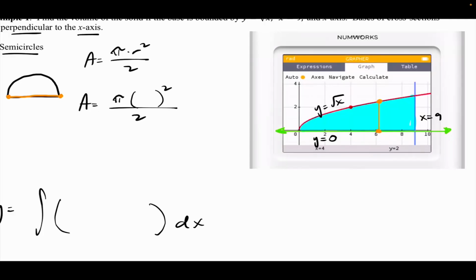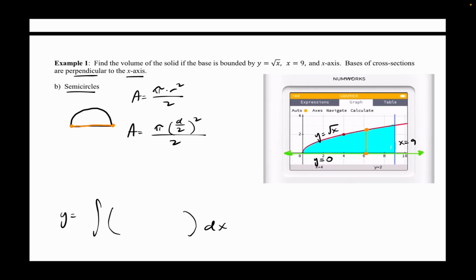Yes, I did. This should be 2r, right? 2 times r. Radius is d over 2, right? There we go. So that's what I'm going to put in its spot. D over 2. Because radius equals diameter divided by 2. They're the same.